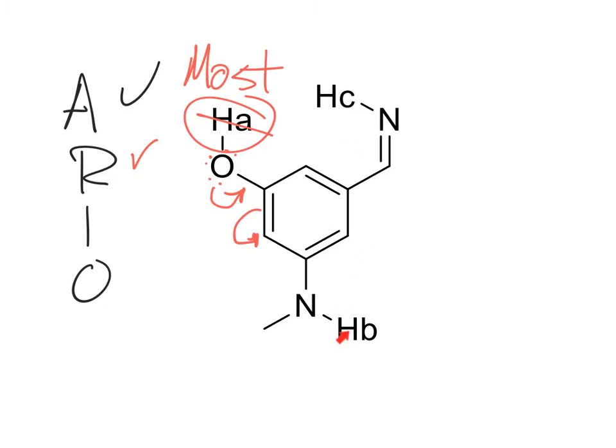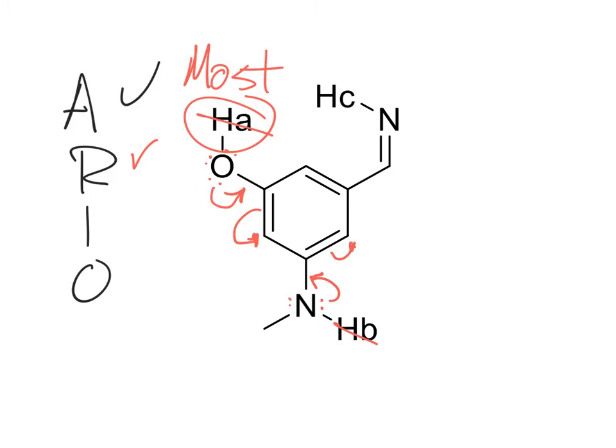So HB here on this nitrogen, if I wanted to draw them in, we have some lone pairs there to complete the octet. Now once that hydrogen goes away, there'll be another lone pair there as well. These lone pairs could start to do some resonance structures as well.